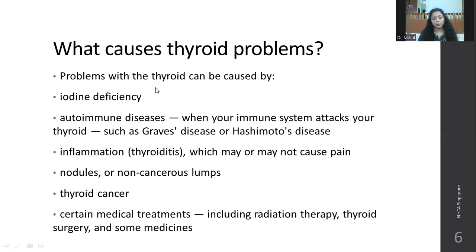In situations of hyperthyroidism and hypothyroidism, usually hyperthyroidism is associated with some form of thyroiditis as well. Then nodules or non-cancerous lumps, tumors in the thyroid gland, thyroid cancers, and certain treatments like radiation therapy, thyroid surgery, and some medications can also trigger thyroid problems in certain individuals.